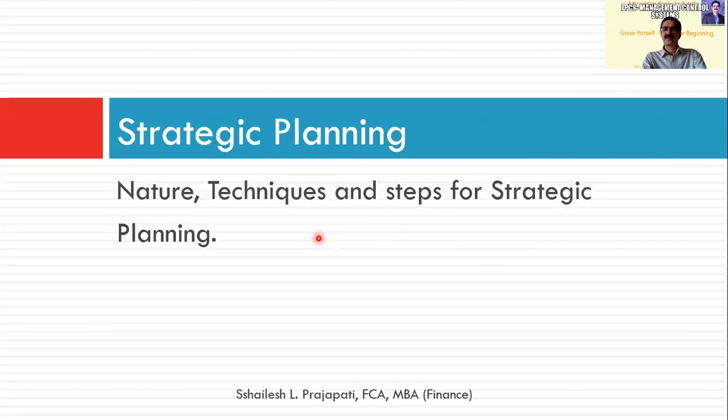Friends, in any organization, we require a strategic planning, and for that, we need the formulation of the strategy as well as the sustainable maintenance of that particular strategy, which is called an ongoing process. Sometimes what happens is we prepare the planning and implementation goes haywire.